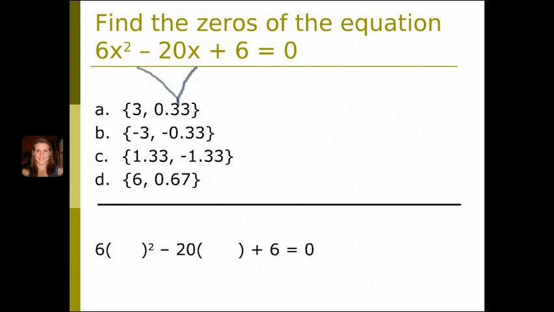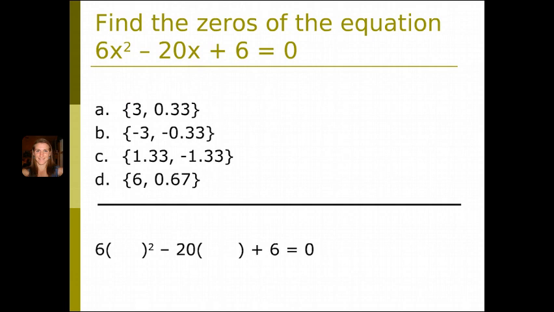Now, if you notice, our answer choices are in brackets instead of parentheses. That's because we only have one variable in the problem, and it happens to be an x. When a problem has answer choices that are in brackets, that means that they are both representing a value for the given variable.